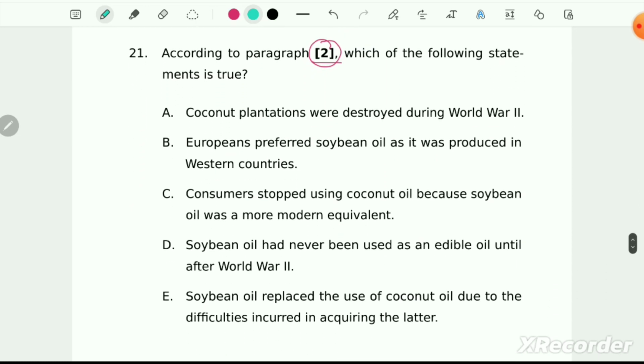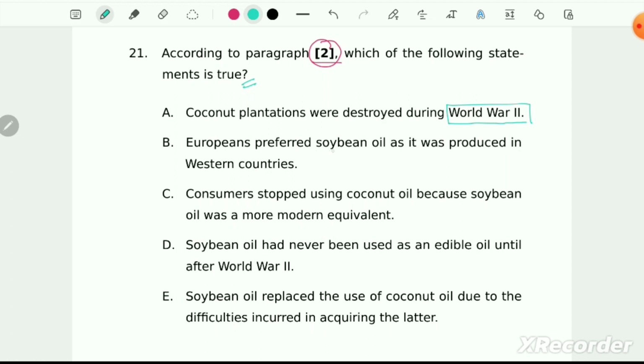According to paragraph 2, which of the following statements is true? Coconut plantations were destroyed during World War II. So this could be our keyword. Europeans preferred soybean oil as it was produced in Western countries.